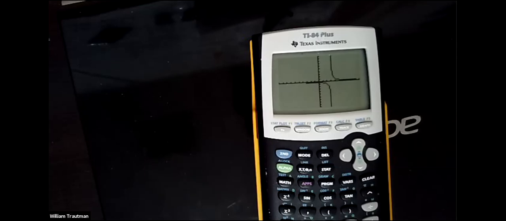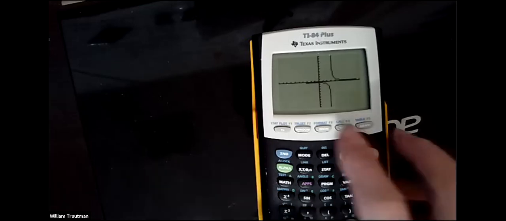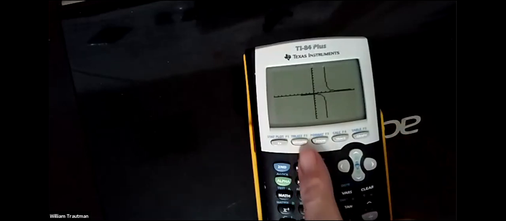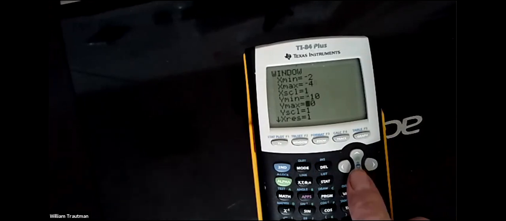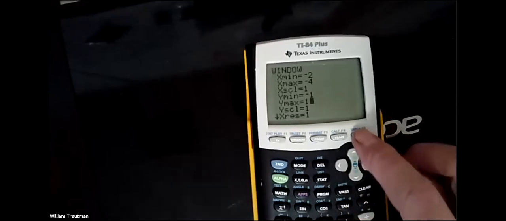To show you a removable discontinuity, I'm going to change my window to zoom in on the spot x equals -3, from -4 to -2, and make my y-axis smaller, -1 to 1.